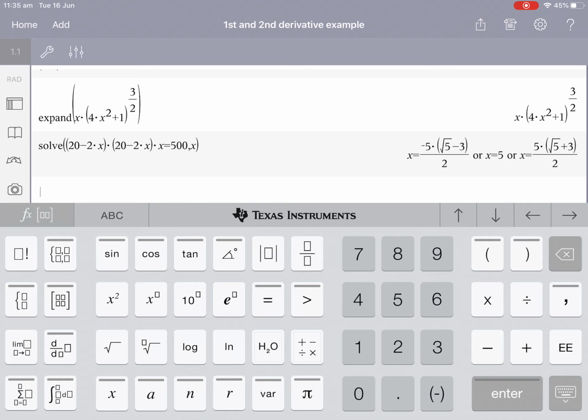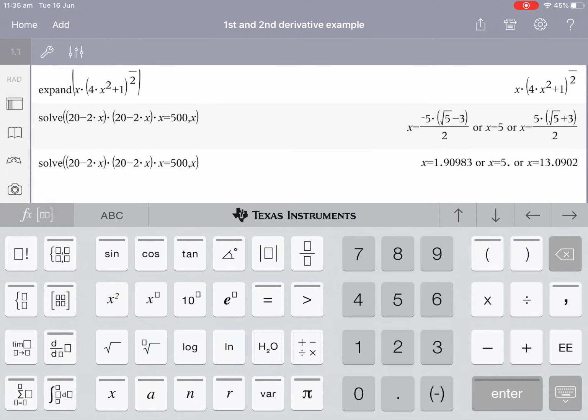We've got these complex expressions. Now the book doesn't ask for a decimal place, so you would normally put this in as an exact value, and you would type in exactly x equals -5(√5 - 3)/2, and then +5(√5 + 3)/2, and x equals 5.